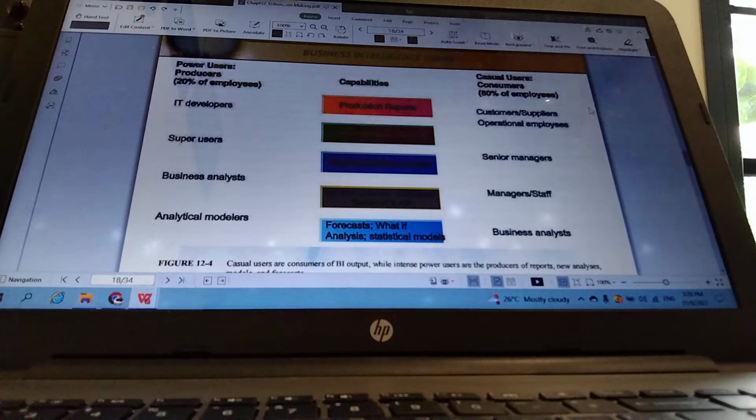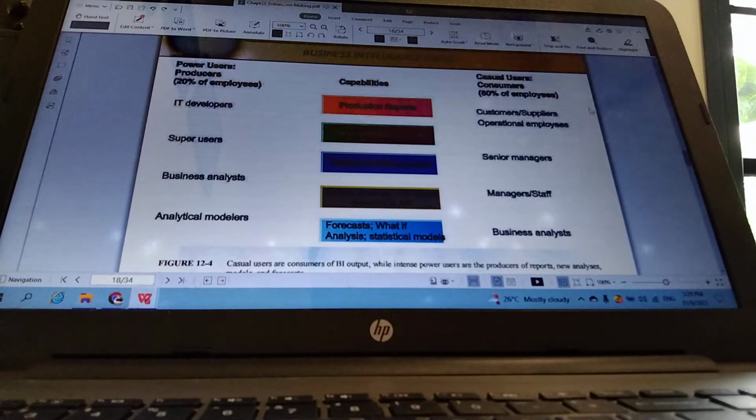And then we do have analytical modelers, where they help the users in making what-if analysis, or they also are involved in producing statistical models, reference models, out of the software, out of the BI system, for the business analysts to use as a reference or as a tool in order to analyze the business based on the requirement.